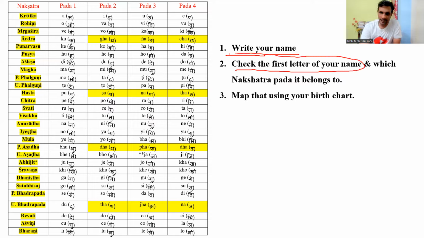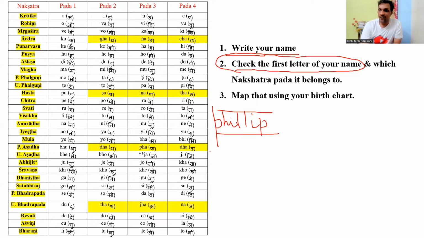Like if someone is named Philip, the first letter is F. In India, you can easily identify the first letter. But if you are watching this video and you are not from India, you need to know basic Sanskrit for that.